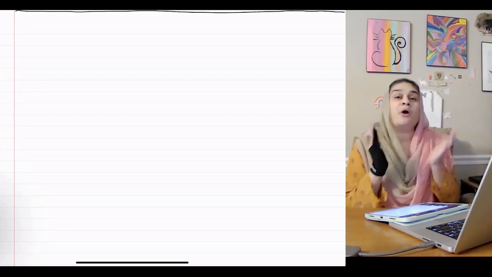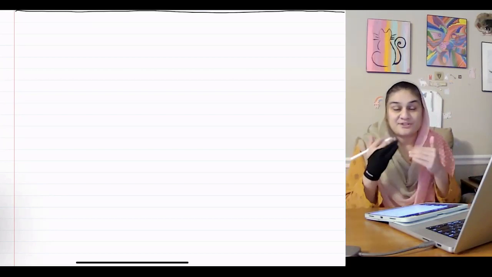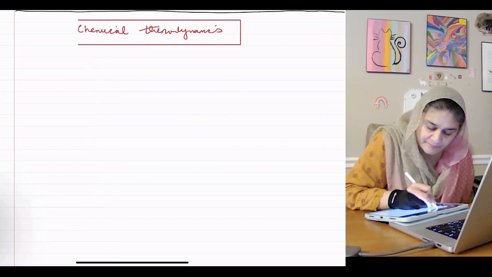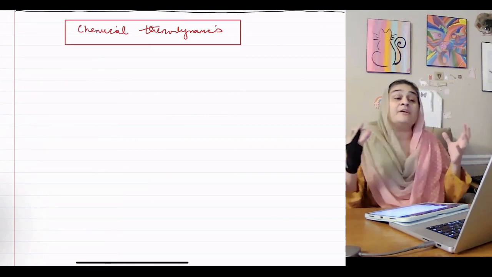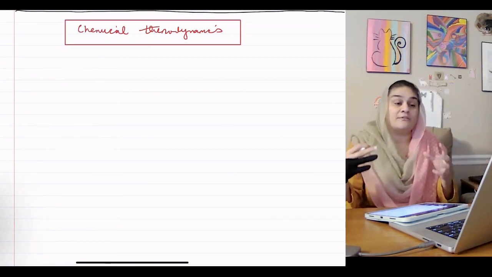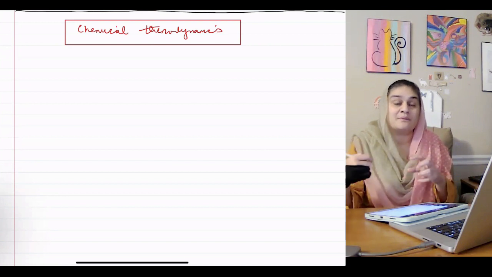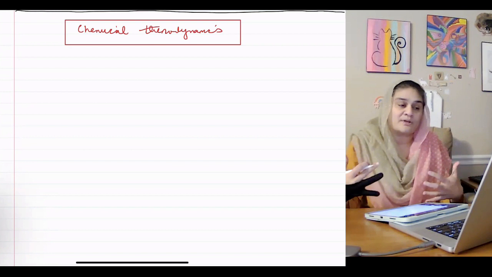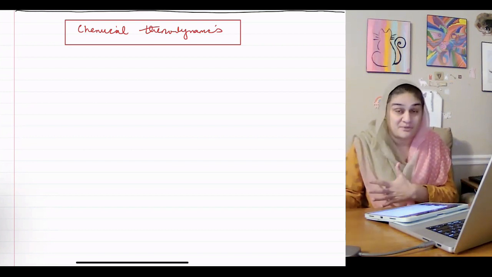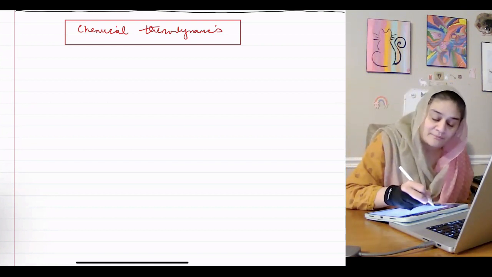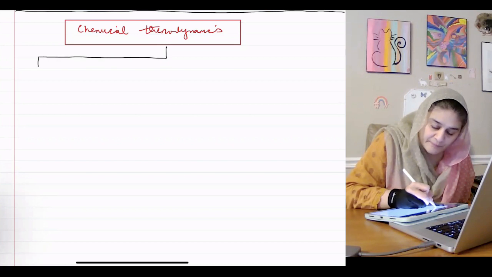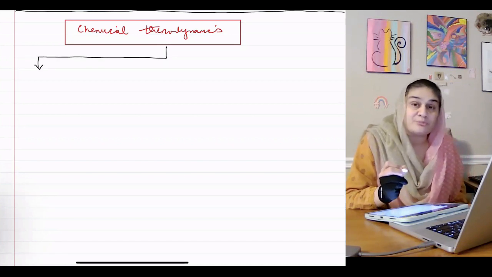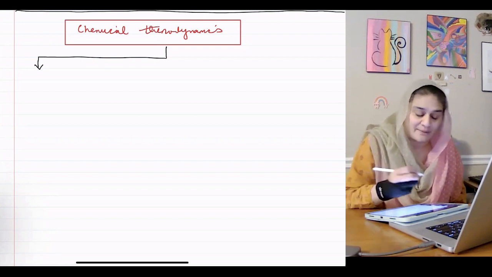So what are the different parts that our chemical thermodynamics can be divided into? So very broadly, the study of chemical thermodynamics can be divided into these four components based on the various types of substances. So number one, we call it pure component thermodynamics.